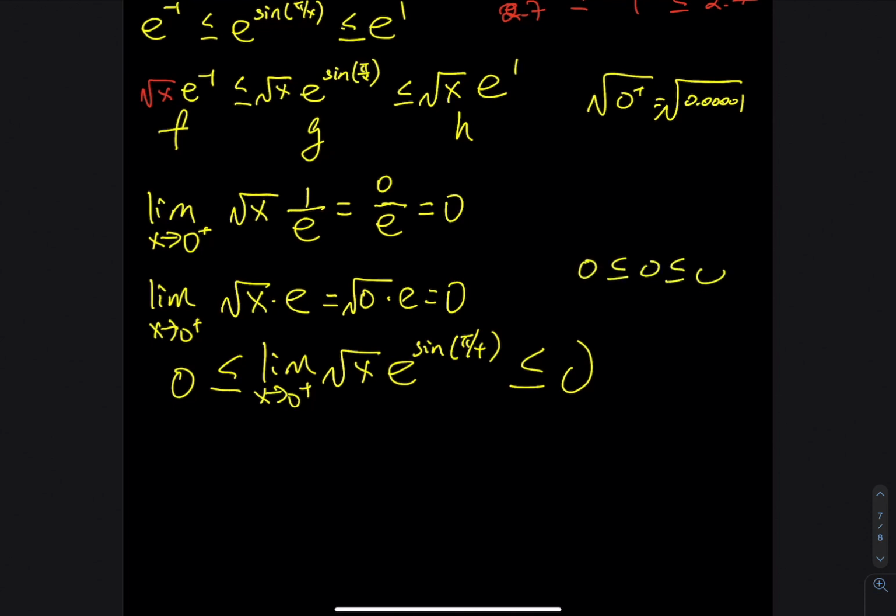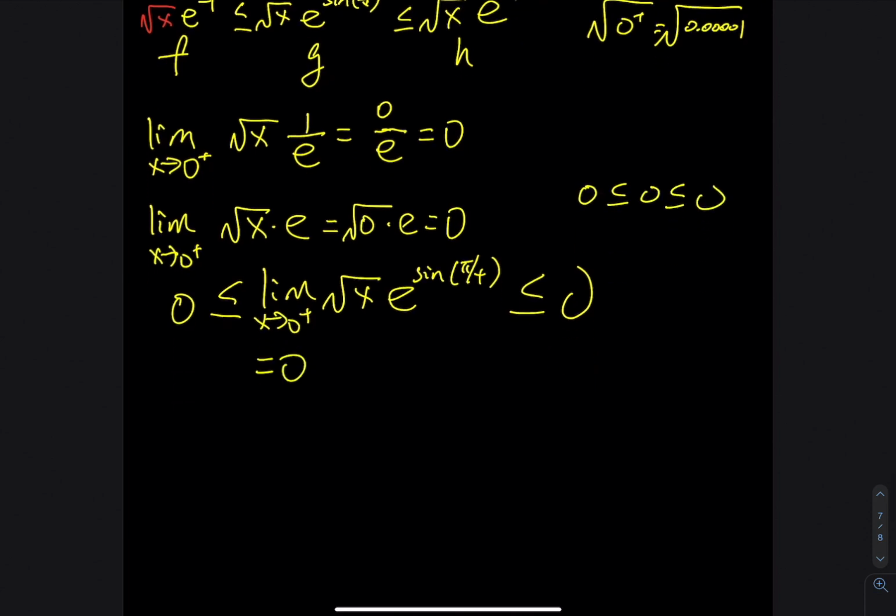Which is 0, right? So this is equal to 0 by the Squeeze theorem. So that's how you solve a limit using the Squeeze theorem. It's a very powerful theorem.